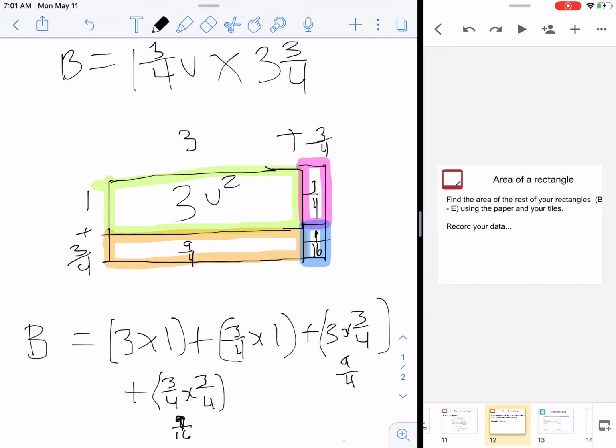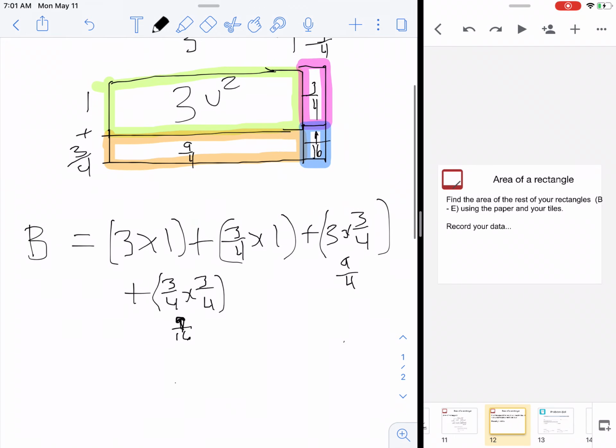So now you have to add all of those together. So I'm going to scroll down here. And we have B equals 3 units plus 3/4 plus 9/4 plus 9/16.